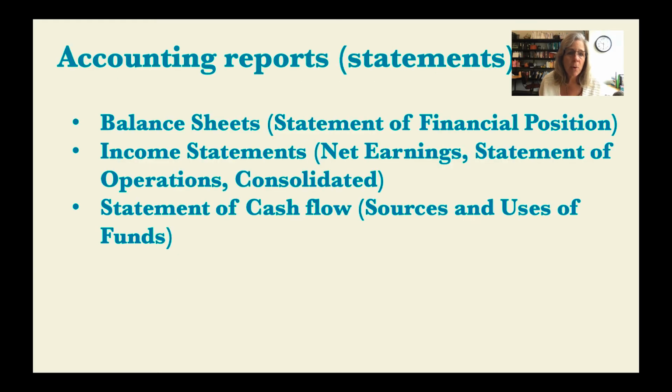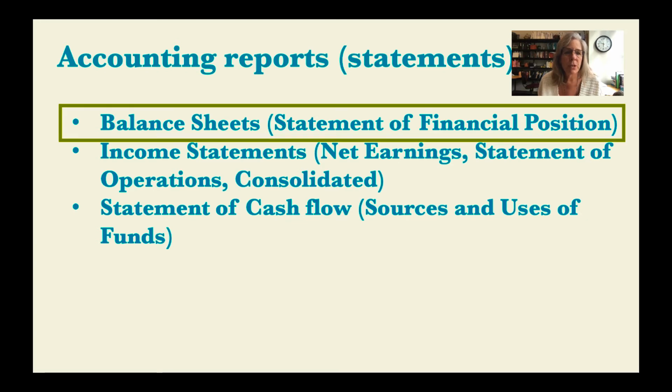Some of the reports used for financial accounting are also used for managerial accounting, especially the first two reports. So I'm going to go through these three reports and talk about generally what's in them and how to think of them. There are also three other videos that are related to each one of these reports or statements.